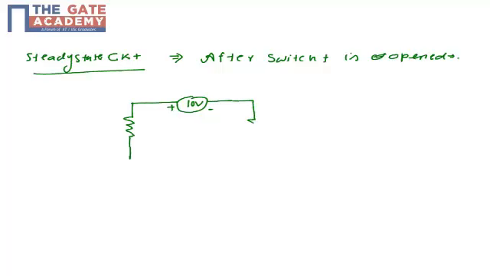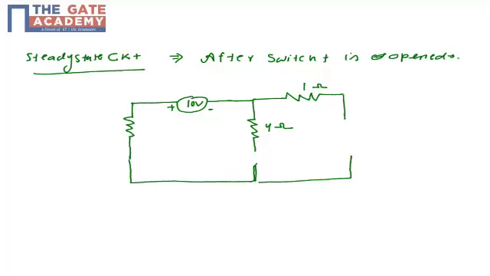So while my switch is open, this terminal will be open and my 1 ohm is a resistor, but this capacitor is still open, because I am observing the final value of the capacitor, VC final, because I have opened the switch and left the circuit for a long time.